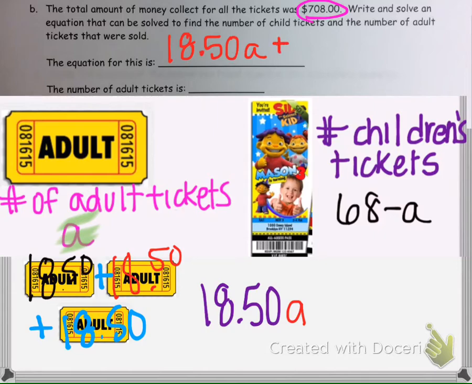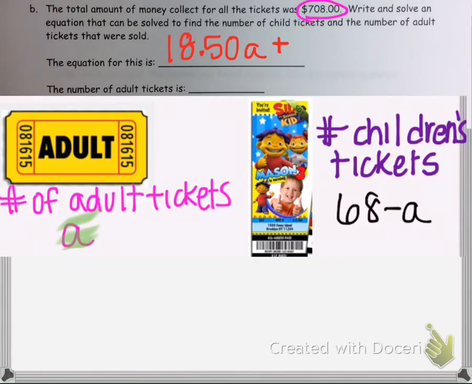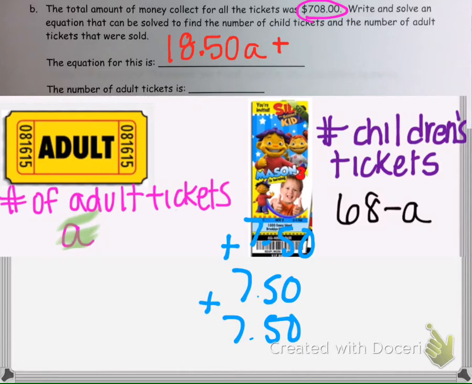Plus, now we have to add the cost of the children's tickets. If we go back, it tells us that a child's ticket was $7.50. So each of these tickets is $7.50 plus $7.50, and adding $7.50 over and over again is the same thing as multiplication.